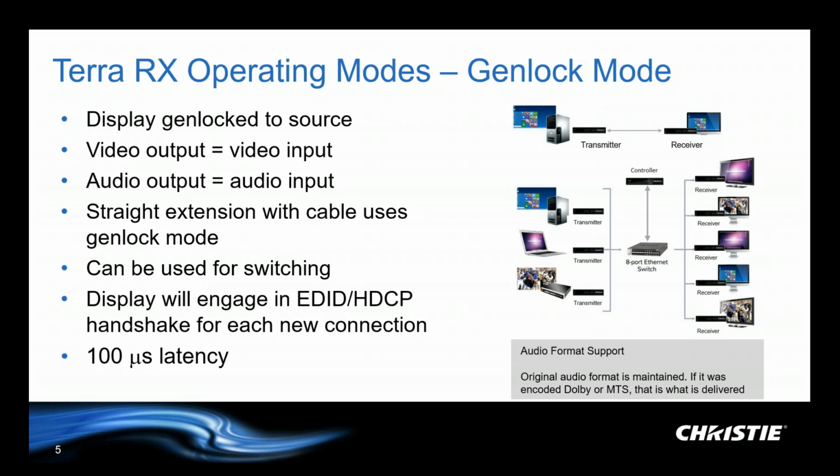So whatever the source transmits via the transmitter will come out at the other end on the receiver. So if it's 4K in on the TX, you'll get 4K out on the RX. And it's basically an extension of what that source is.